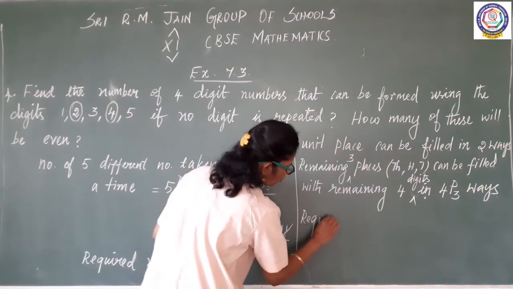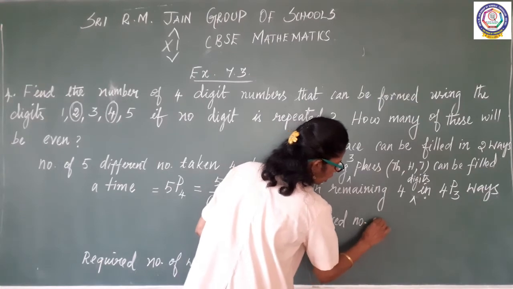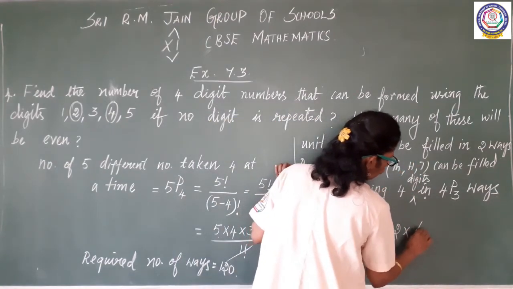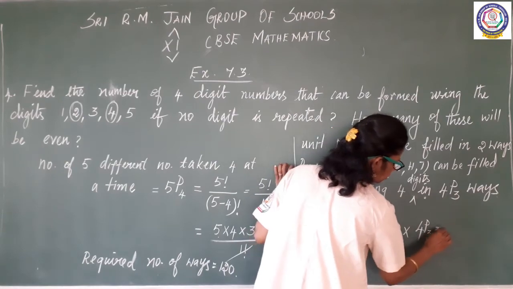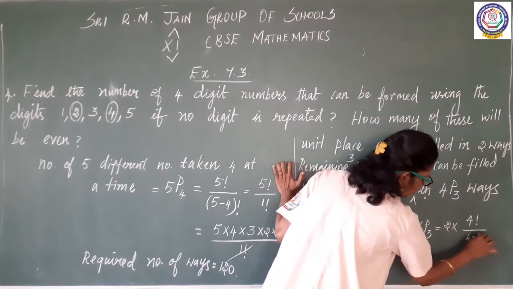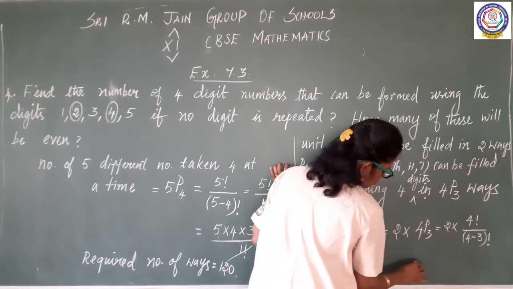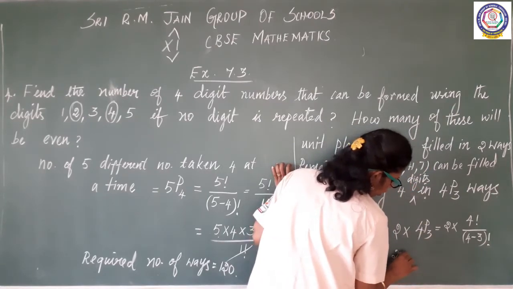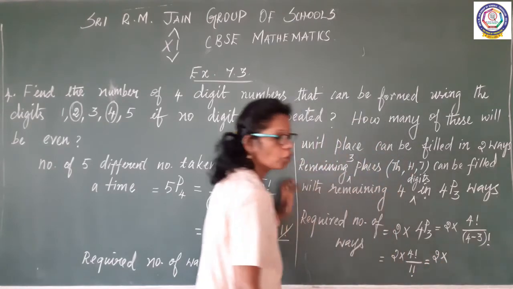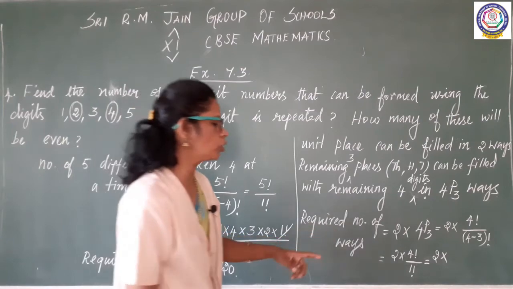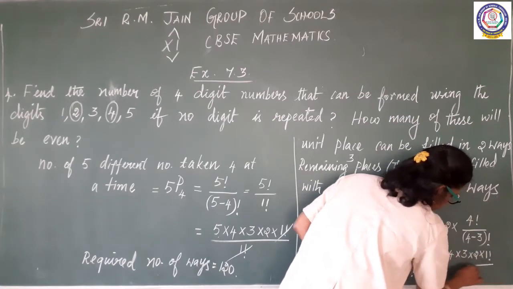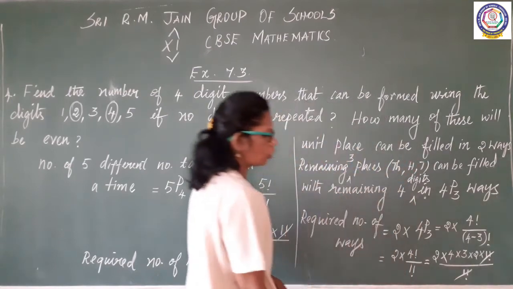Required number of ways equals 2 into 4P3, that is 2 into 4 factorial divided by 4 minus 3 factorial, which is equal to 2 into 4 factorial divided by 1 factorial. 4 factorial can be expressed as 4 into 3 into 2 into 1 factorial, divided by 1 factorial. 1 factorial, 1 factorial cancel.